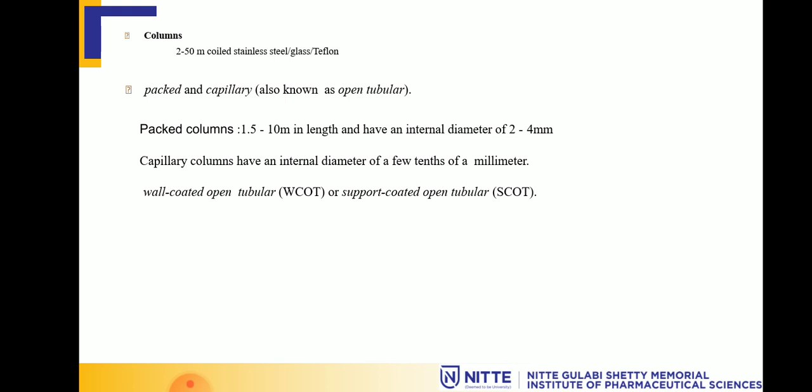So if you look into all this, the fused silica wall coated is much better than all the three types of column. Here I am making the WCOT, SCOT and packed column as three different types, and the fused silica column has greater efficiency.